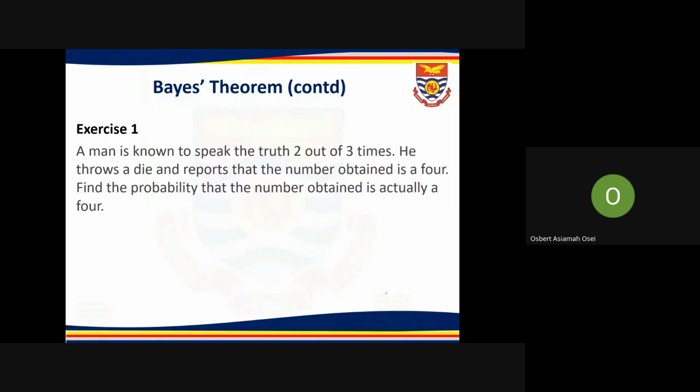So let's look at the exercise one. A man is known to speak the truth 2 out of 3 times. He throws a die and reports that the number obtained is a 4. Find the probability that the number obtained is actually a 4. Let's quickly get the important information from it.